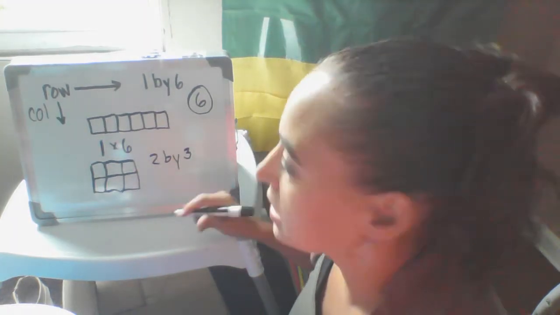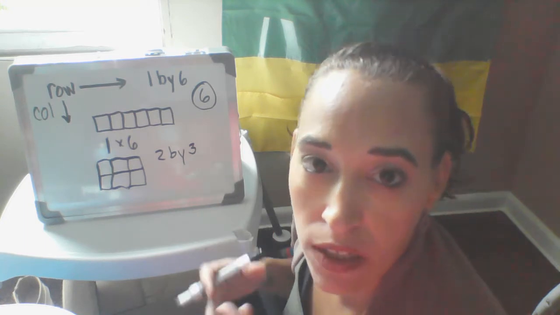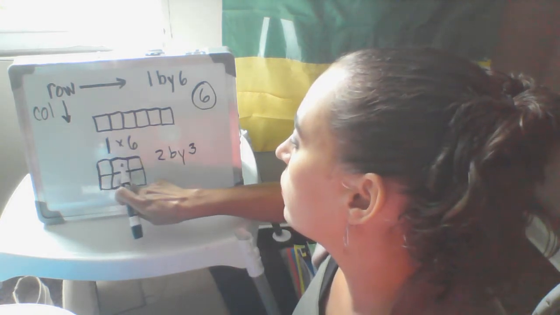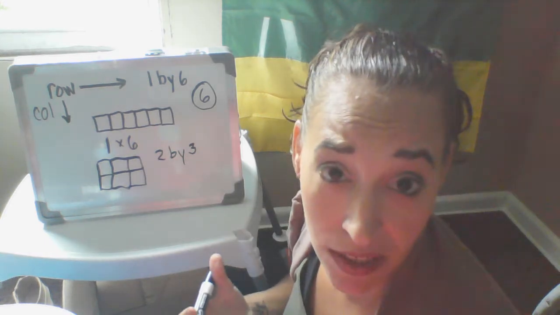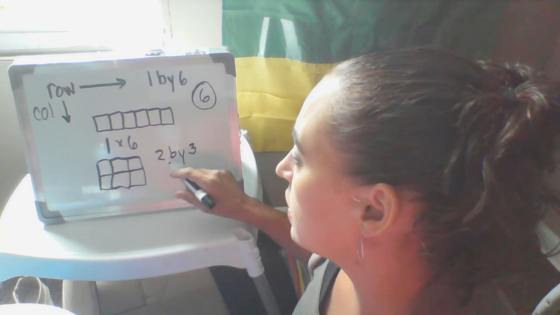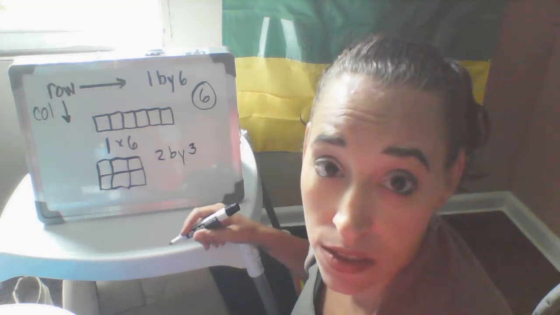Remember, I'm trying to get to 6. So let's count. Again, this is just a visual way of trying to figure out the factors. So 1, 2, 3, 4, 5, 6. I got to 6. And the different way was 2 by 3. So now 2 and 3 are both factors of 6.